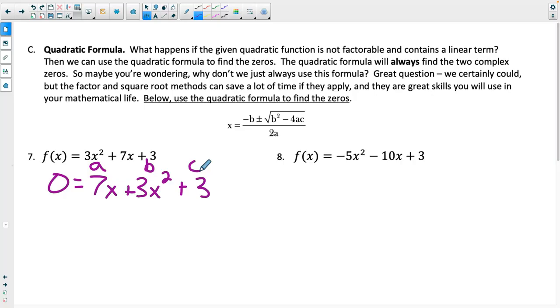We can mix them up. A, B, and C are attached to certain variables. So A is always attached to x squared. B is always attached to the x. And C is always your constant. It's the one that doesn't have x. So if things are messed up, if they're rearranged, reorganize it so it looks nice. And then do the quadratic formula.